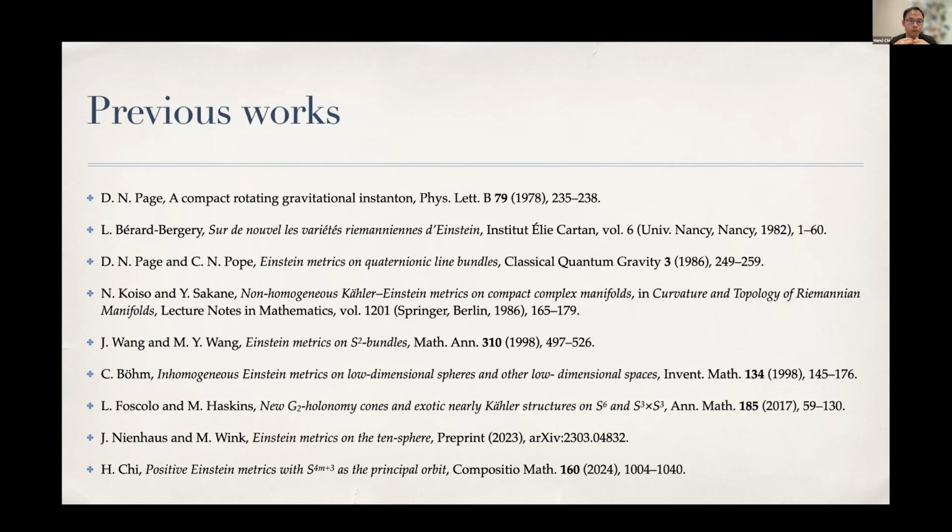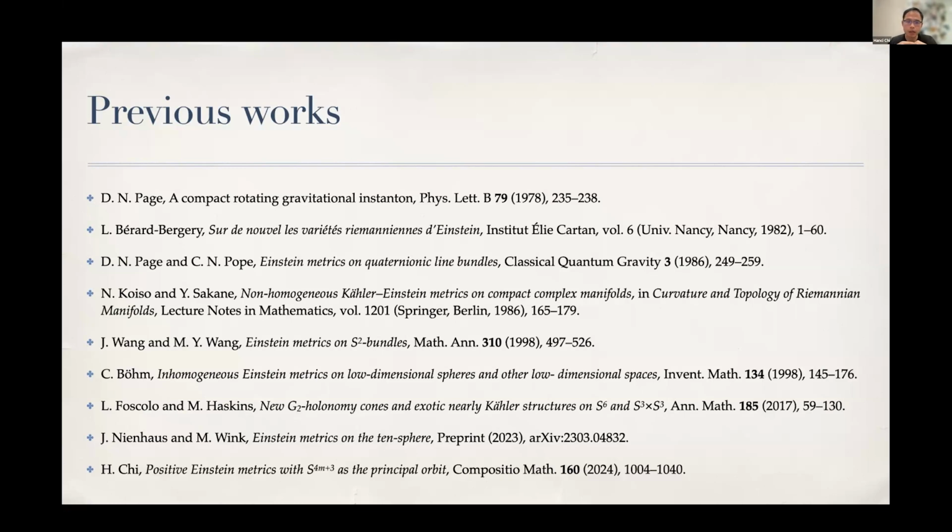Later work was done by Page and Pope, Koiso, Sakane, and Jun Wang and McKenzie Wang. All these people have been constructing new cohomogeneity one Einstein metrics. A common feature shared by these metrics is that the principal orbit, or hypersurface, is a circle bundle over either a Kähler-Einstein manifold or a product of Kähler-Einstein manifolds.